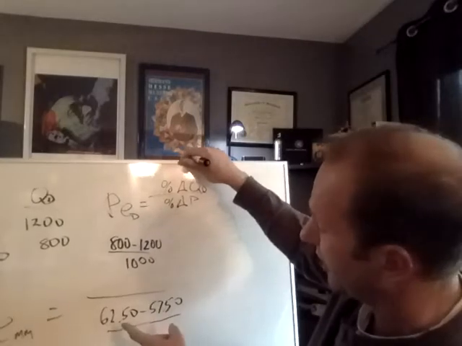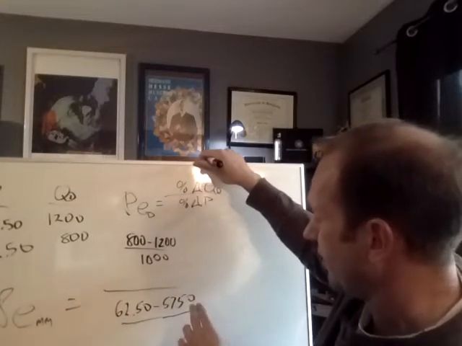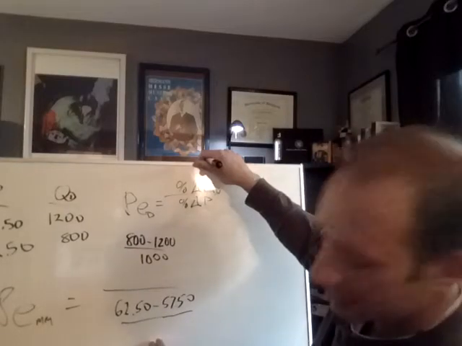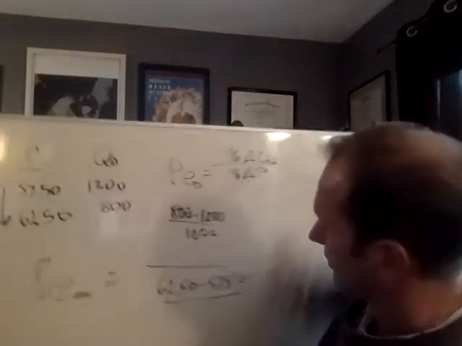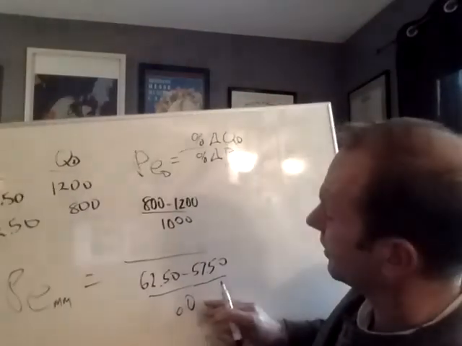Or you could add them together, 62.50 plus 57.50. If you add them together, you're going to get 120. And 120 divided by 2 is 60. So that's the midpoint.